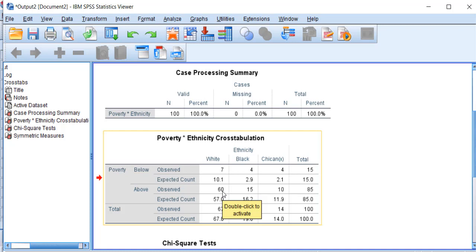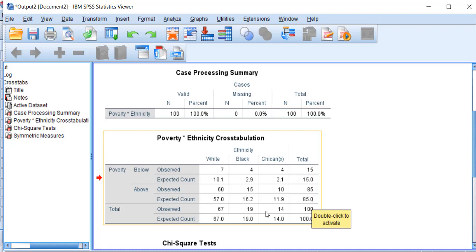Now, if there's no association between these, then we would see that this number and this number would be relatively consistent with each other. There would be very little deviation between observed and expected. Because of that, our chi-square would tend to be low. So when we look, the total below for observed and expected both equal 15. The total above for observed and expected both equal 85.